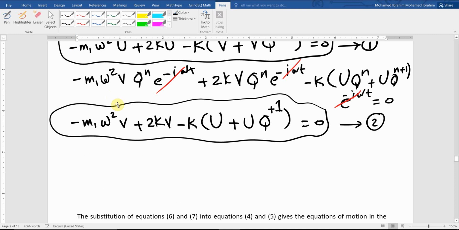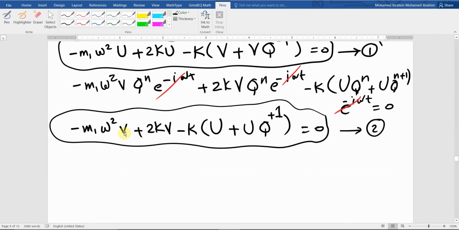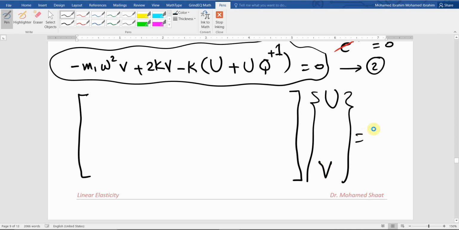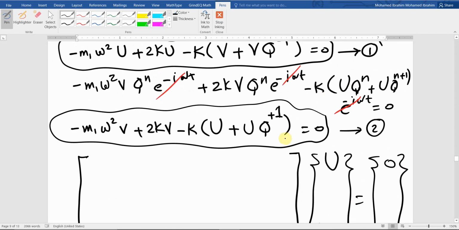How? So let us write these two equations in a matrix form. We're going to have a matrix here times two magnitudes, which are the U and the V, right? The magnitude of the two displacements of the two atoms should equal zero, because the right hand sides of these equations are zeros.